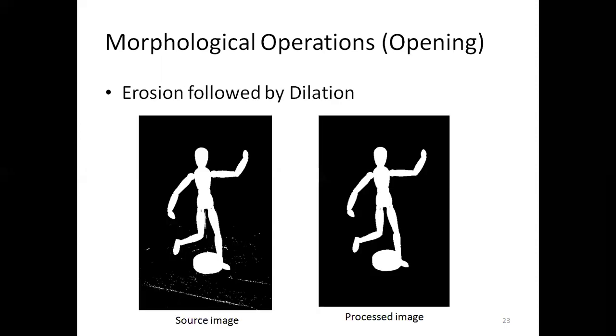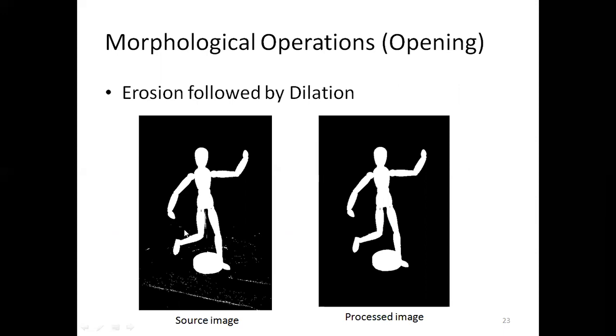Next, we have the opening operation. Again, this operation is nothing but a combination of erosion and dilation, which we saw earlier. So here, if we have a case like this, the image has a lot of noise present. What we do is, first we apply the erosion.